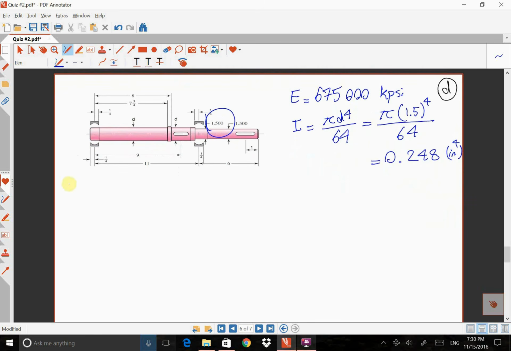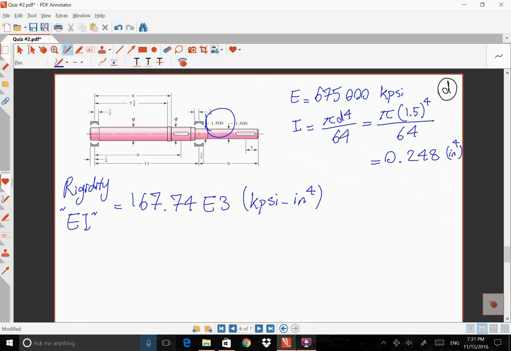And I need to find the rigidity of the system. Rigidity is E times I. In this case, that will be 167 times 0.74 times 10 to the power of 3, and the unit is kpsi times inch to the power of 4, or because that is kilopounds per inch squared, I can say kilopound inch squared.